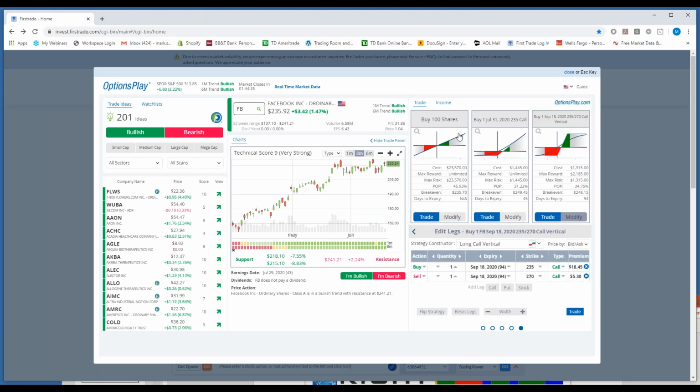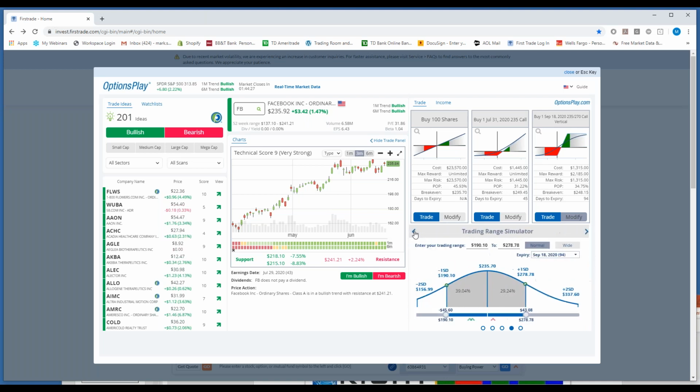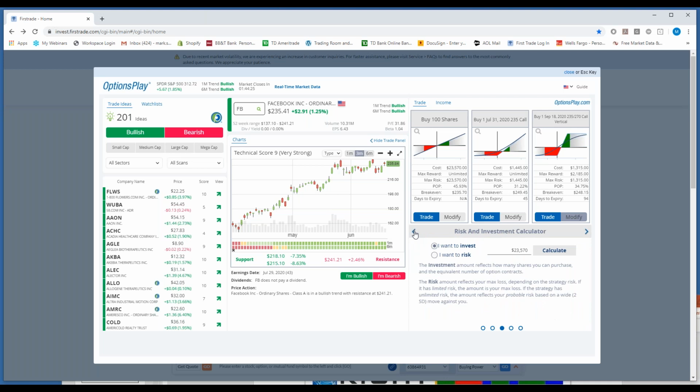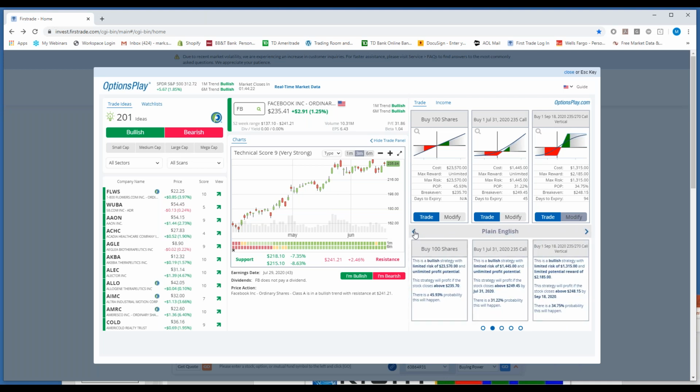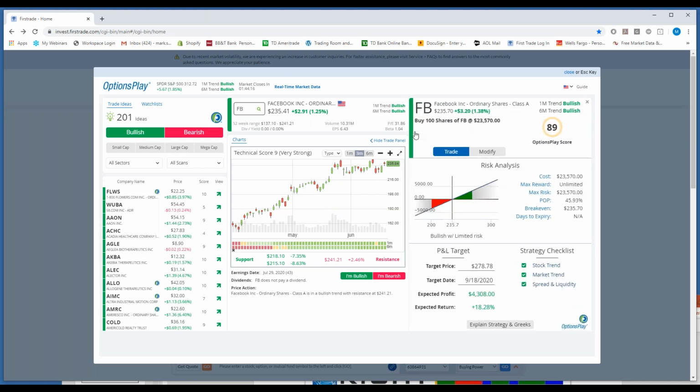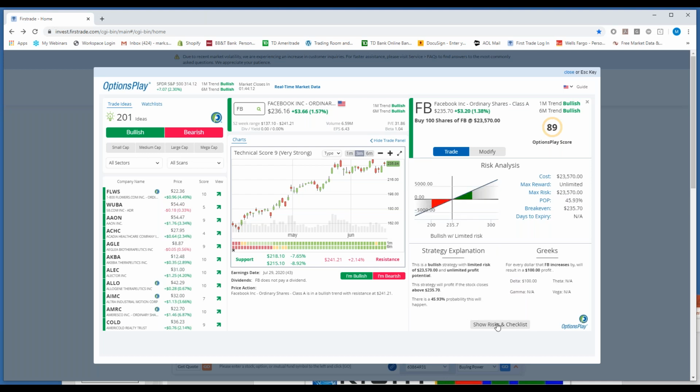Now, this is really expensive. And if we look here, and let's just take this out here, and just look at this trade right here. If we look at the Greeks, it's a bullish strategy. There's unlimited upside with limited risk.